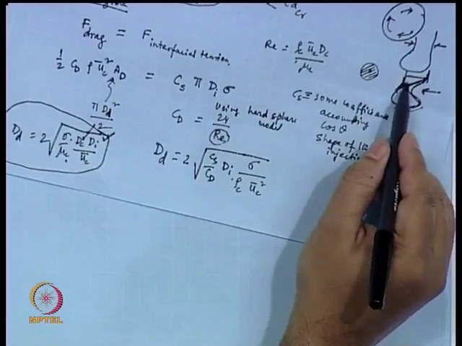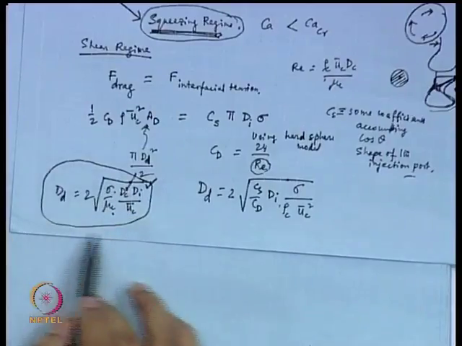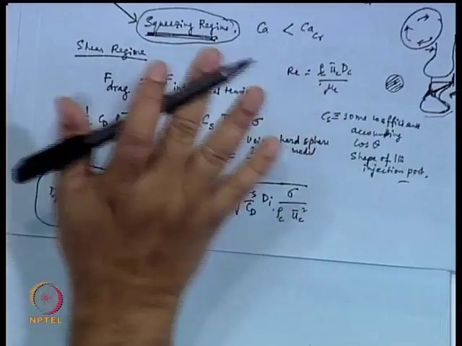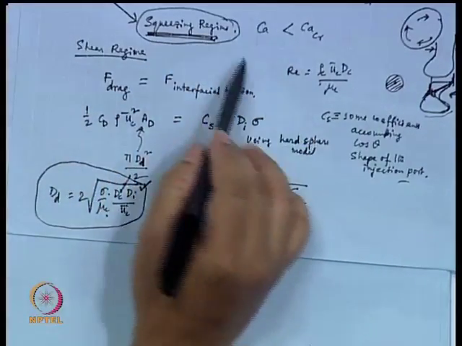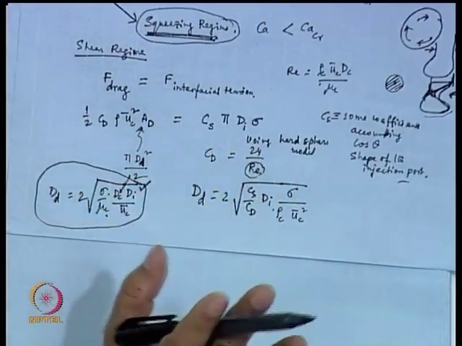If time permits, probably I will talk about it further, about how this geometry can be applied to find out the diameter of the droplet. It may not be a simple analytical form like the way we put it here, but for the time being, let us just appreciate that there is such a possibility, such a regime, and you understand how this regime works. I think that is important, and later on we will see how we can make use of it further.